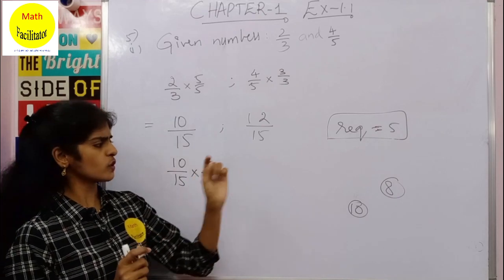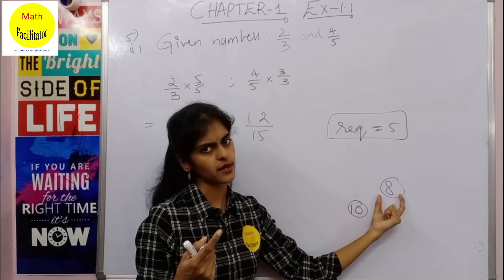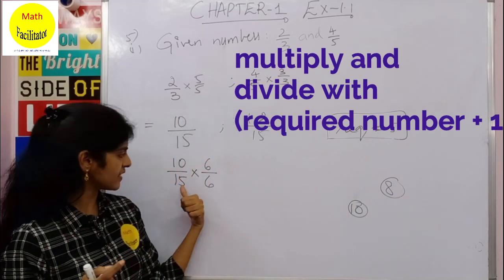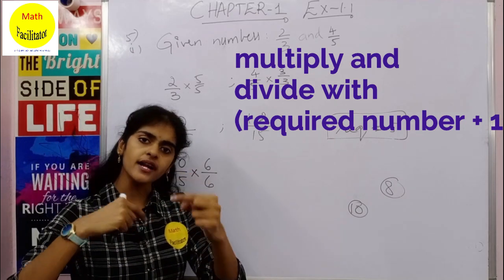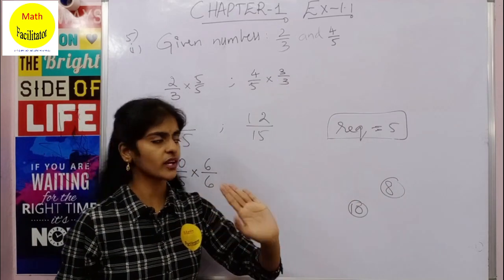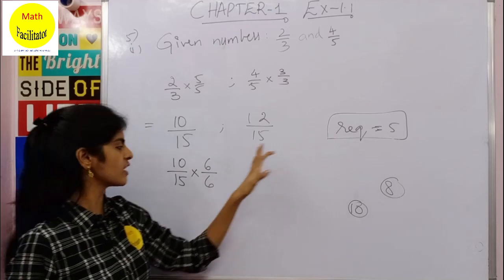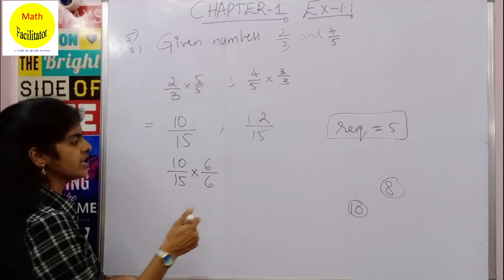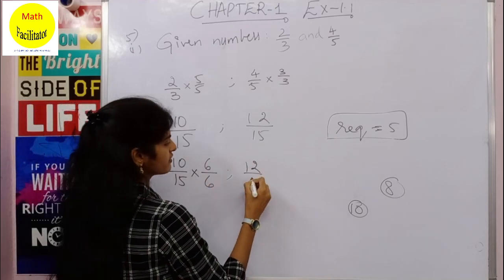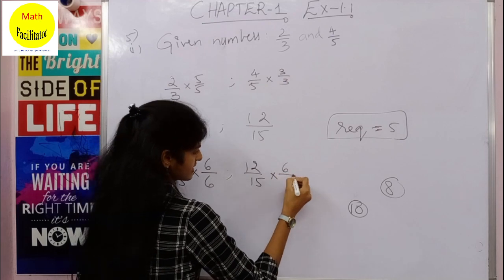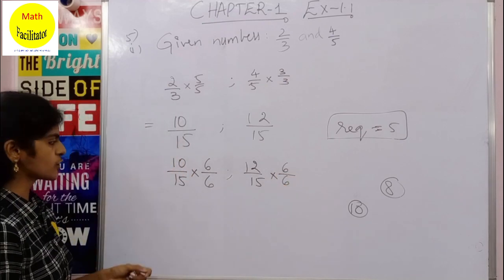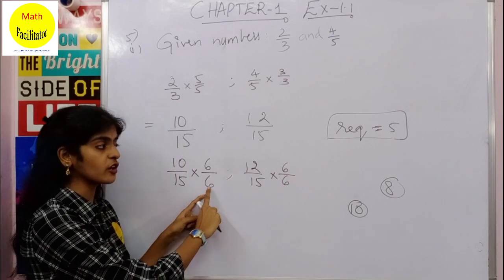Got it? You just check the required number of rational numbers and multiply the given rational numbers with one more than the required number. In this case you want 5 rational numbers, so I am multiplying by 6. Here also 12 upon 15, let us multiply and divide by 6. Clear? Why did I multiply by 6? Because I want 5 numbers.